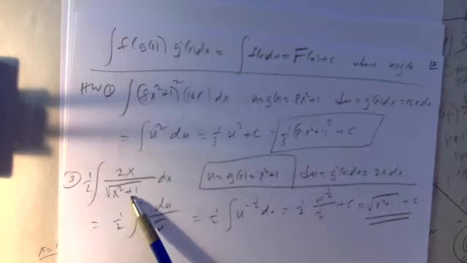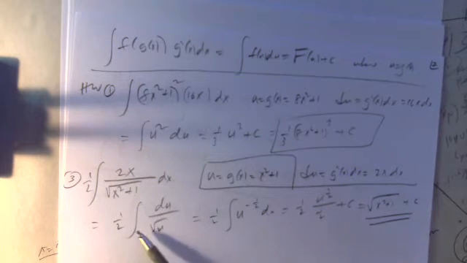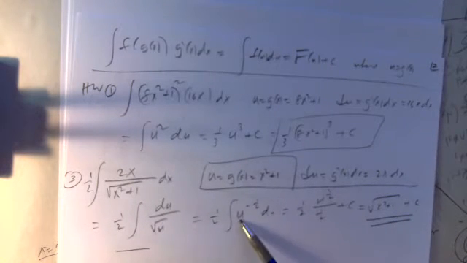So x squared plus 1 is u, and the derivative is 2x, and here's my 2x. And once I get this, then there's nothing left to do, because this is just integrating a power of u, and you know how to integrate powers of the variable. You get this right away.